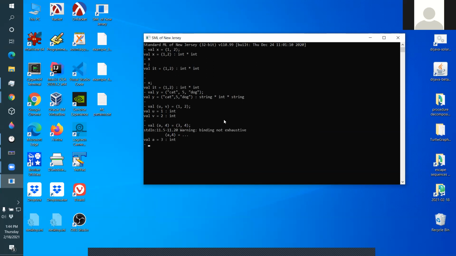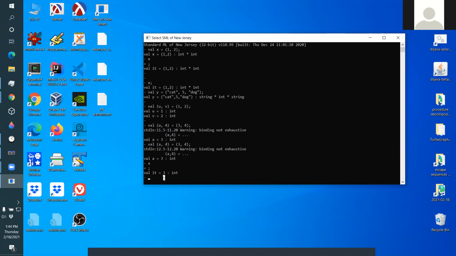Whoops, what did I do wrong? Oh, I get a little bit of a warning, because yeah, it did match the A. We'll see later what these warnings are. But notice I did get the A. A is 3. So patterns go on the left of equal signs.